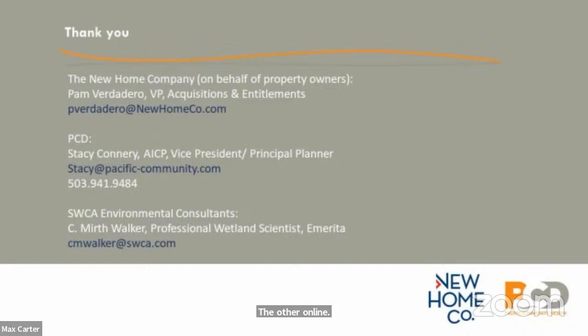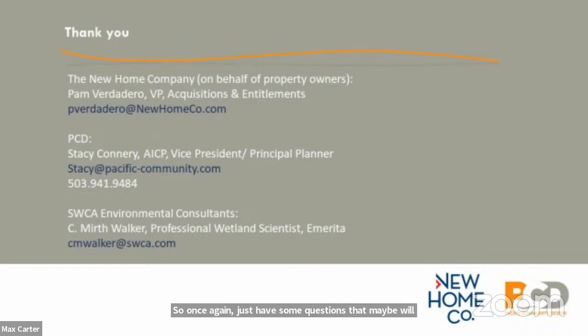Anyone wish to provide neutral comment? Mike Meyer, 16950 Southwest Meyer Lane, Tigard. So once again, just have some questions that maybe will get answered and a couple of comments.